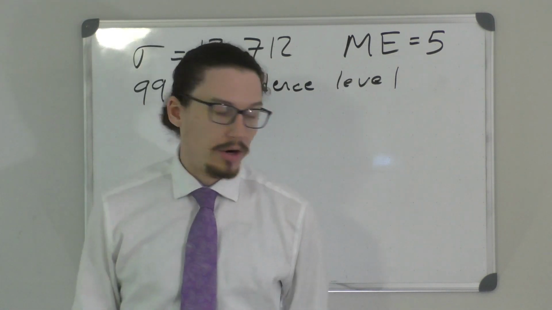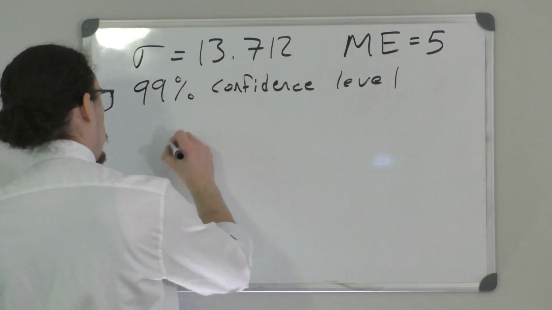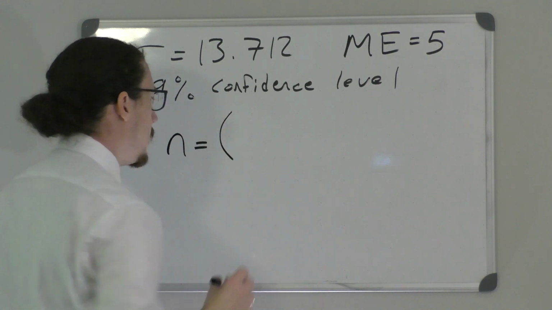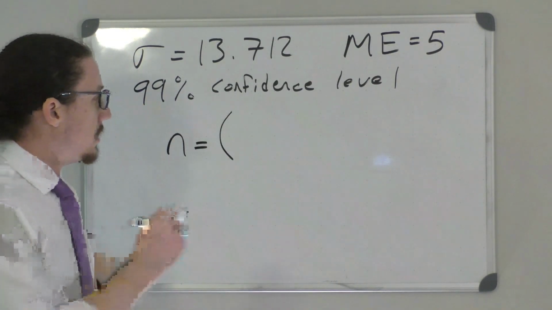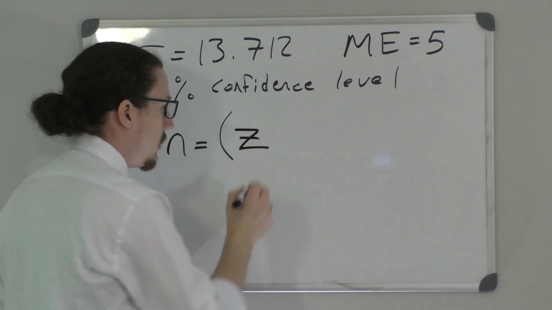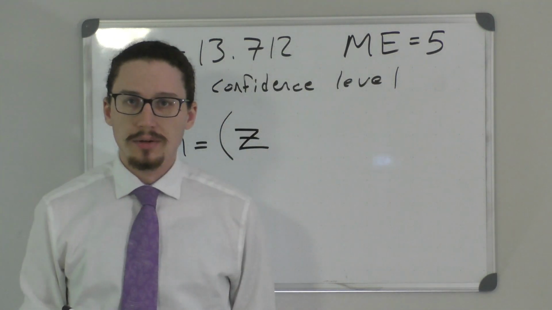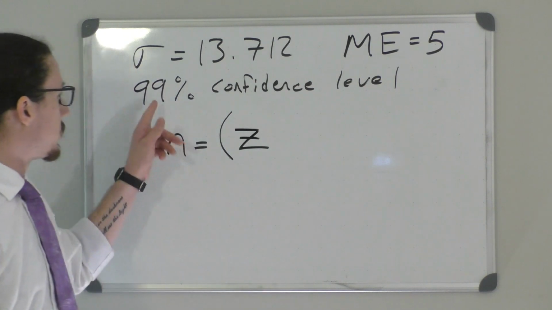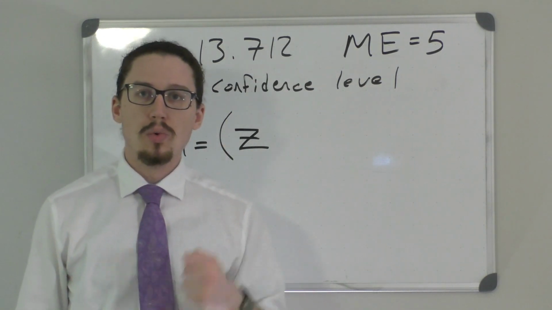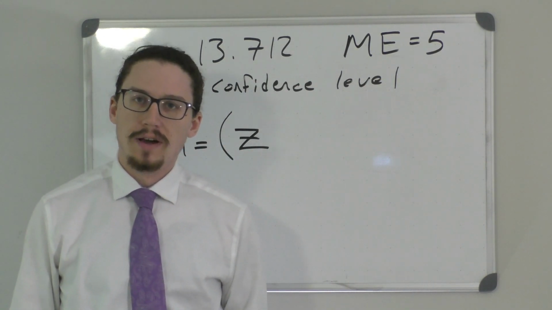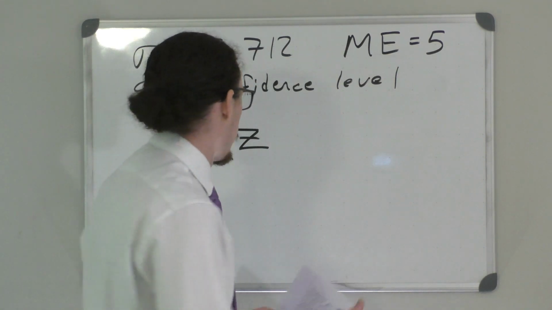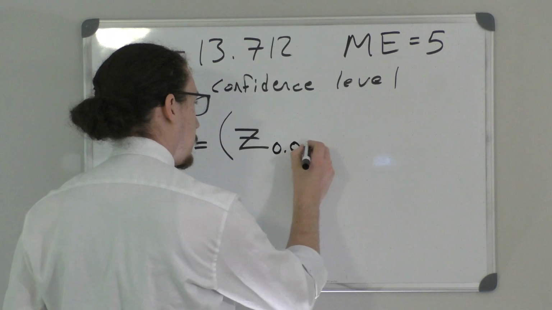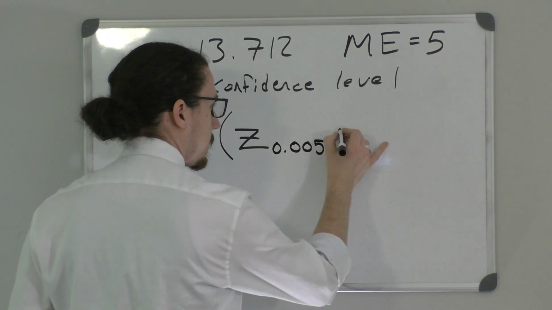Now that we have this information, and this is all the information that we need, we can go ahead and set up our equation. So n equals z alpha divided by 2. With 99% confidence, our alpha is 0.01. That would make alpha divided by 2 equal to 0.005.